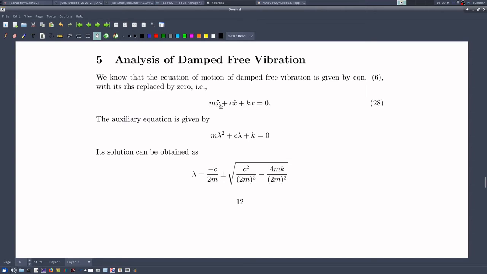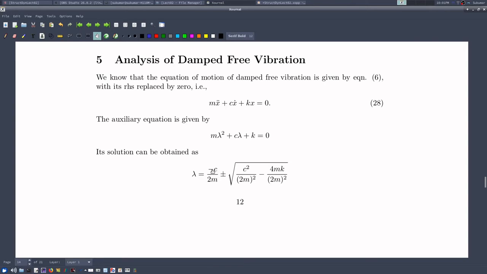So this is again a second order homogeneous differential equation with constant coefficients, and it has both second and first order terms, and therefore my auxiliary equation will be given by m lambda square plus c lambda plus k equal to 0, and this being a quadratic equation, it can be easily solved.